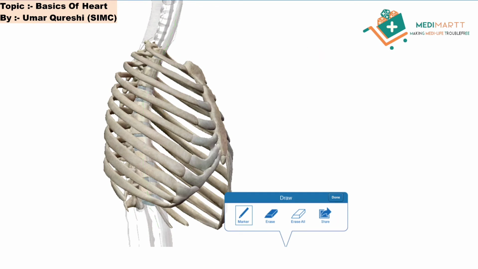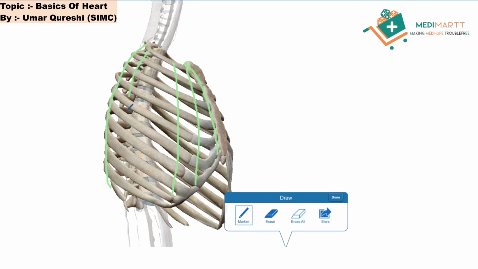Then the next point is the posterior part of the ribs extending up to the posterior angles. As in front there was the sternum, the costal cartilage of the ribs, and the anterior part of the ribs, just like that behind there will be all 12 thoracic vertebrae and their intervening disc, and the posterior part of the ribs.